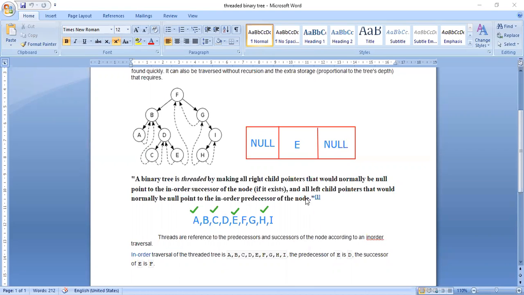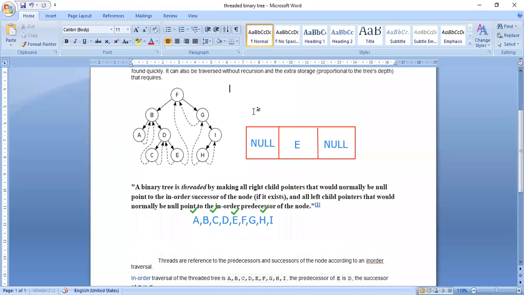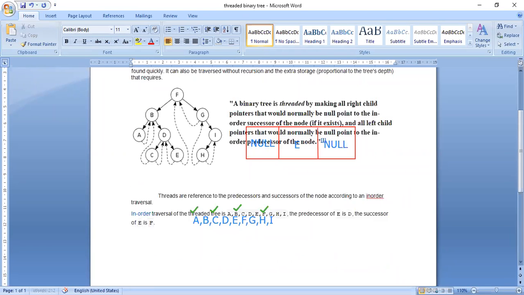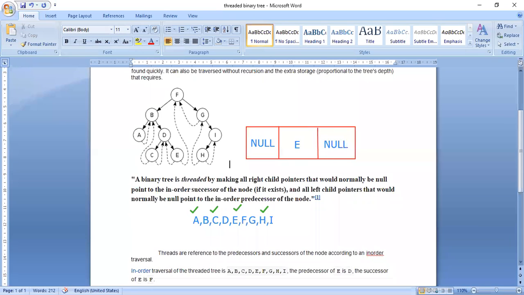See here. For example, consider A. So now see the things.